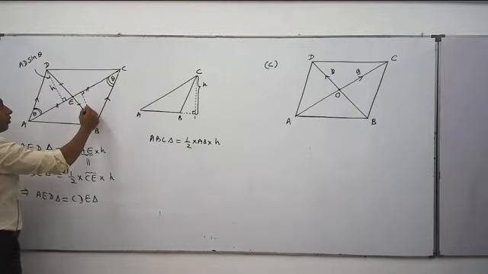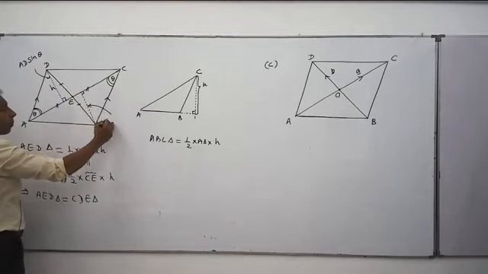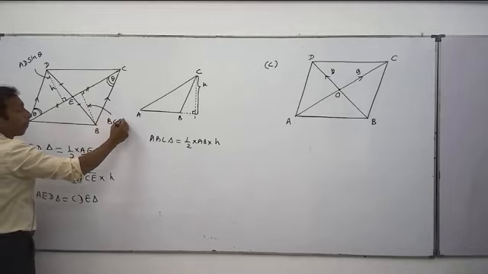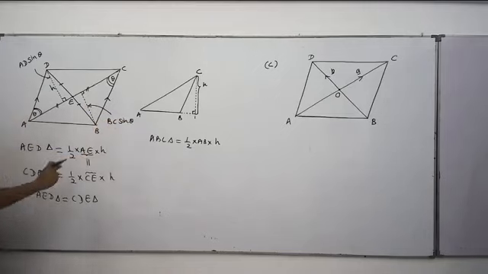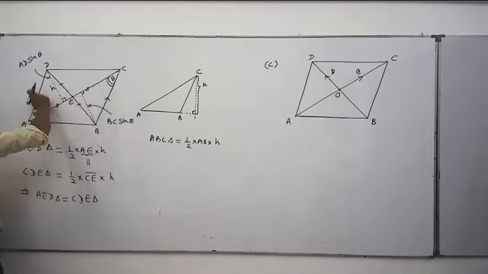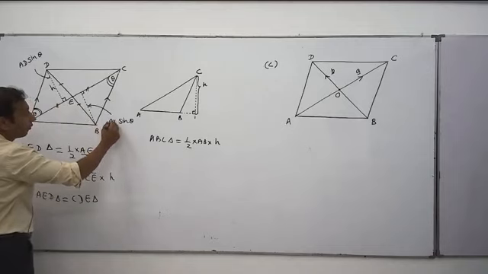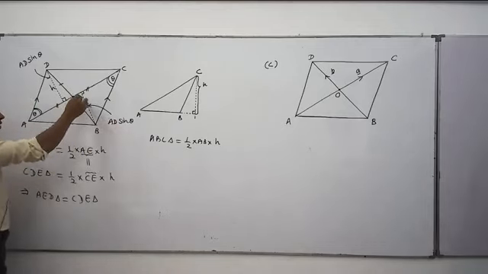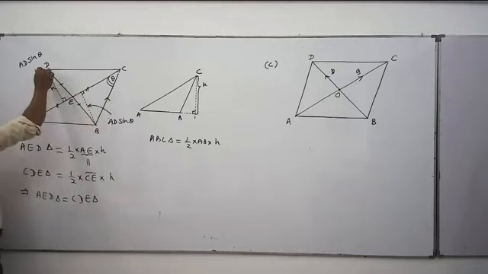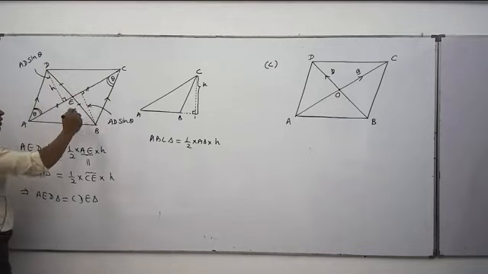This is BC sine theta. But you know, this BC and AD are equal because they are opposite sides of a parallelogram. Then I can write AD here. Then you can see what, people? This is AD sine theta. This is also AD sine theta. That means this is also H.